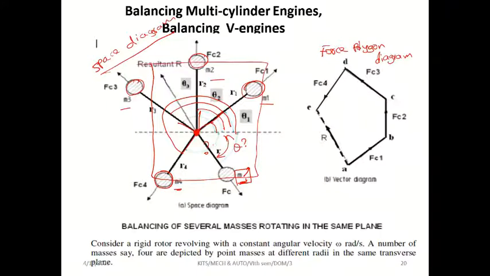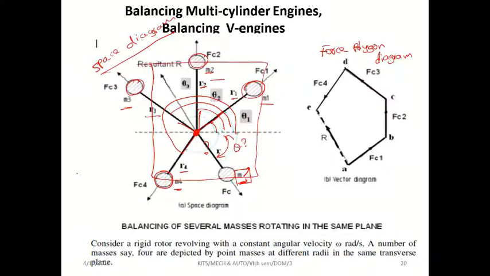So how can we find this value? Very easy. They will give the mass value and also the radius value for each. I told you, since all the masses are on one shaft, the entire shaft will rotate at only one speed.